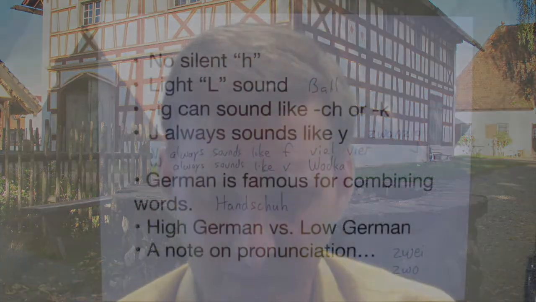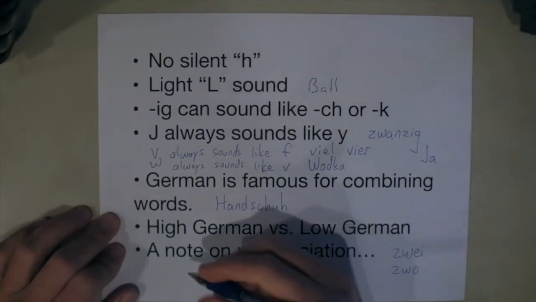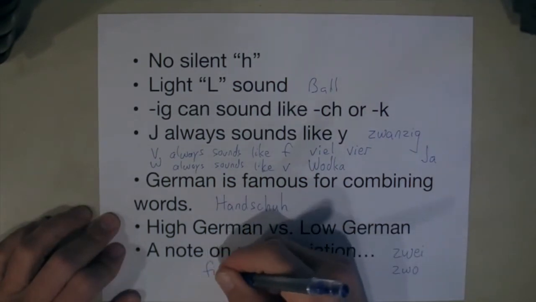Then a note to you about pronunciation. This is basically a philosophical sentence that I'm going to do. Some teachers make a very big effort and a big issue about pronouncing things right. I really don't. Now, if a word is mispronounced to where a German would not be sure of what you said, then yes, let's deal with it. That is an issue. Let me give you a sample. We're going to get this word soon.